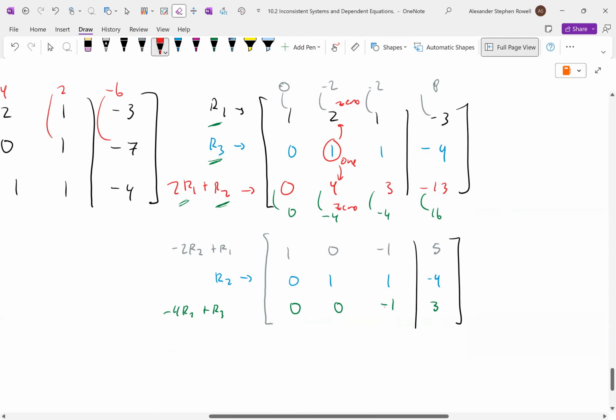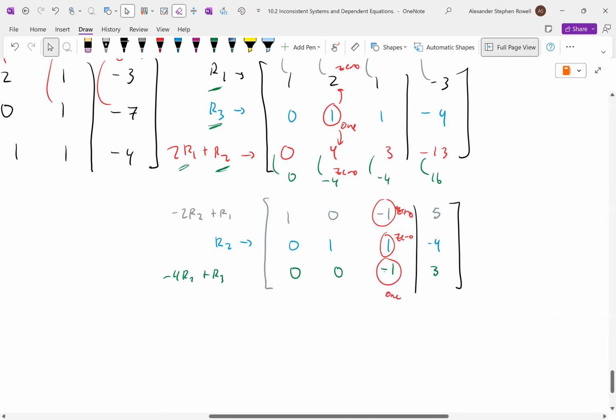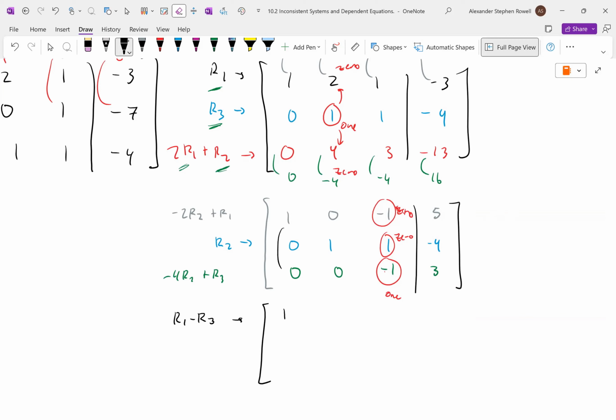The next goal is to make this into a 1 and use that to make these into zeros. 0 and 0. So on the top row, let's go ahead and do row 1 minus row 3. So that would be 1 minus 0, 0 minus 0, -1 minus -1, and 5 minus 3.